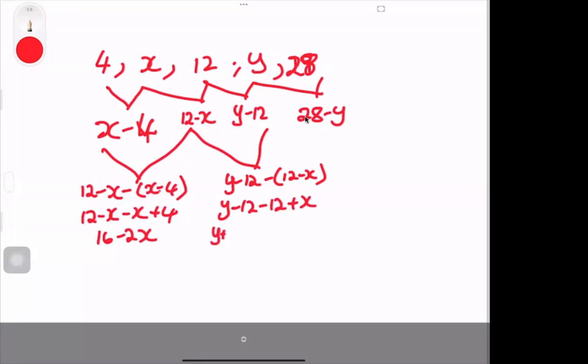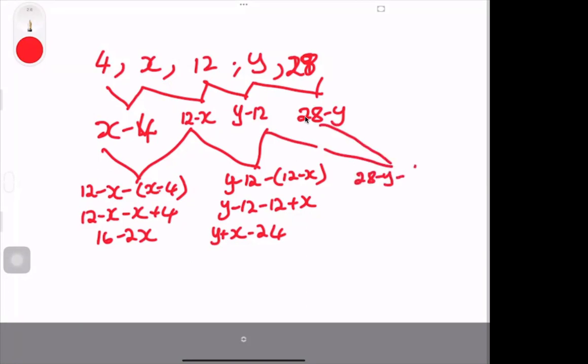And the other one, 28 minus y minus into y minus 12, 28 minus y plus 12, 40 minus 2y.